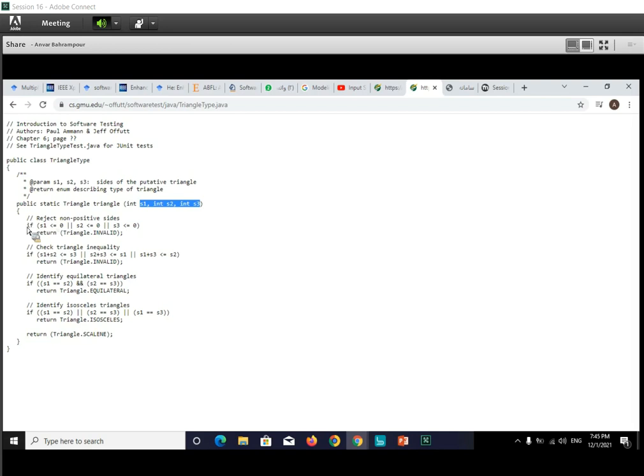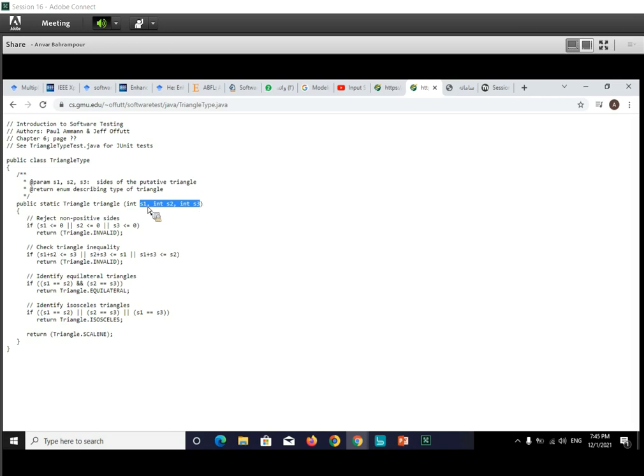Okay, so in the first step we should check if this combination of input parameters is feasible or not.